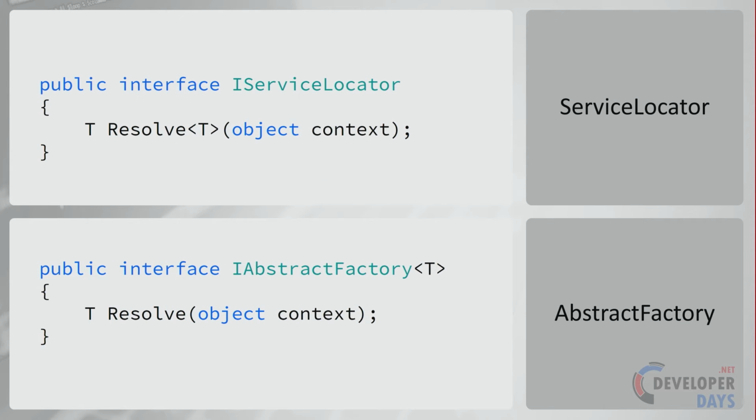And if we compare them together on the same page, we actually can see the difference. Service locator is able to create any kind of services. You give me something, I will try to give you back. Abstract factory, on the other hand, is able to create only a concrete type of services.